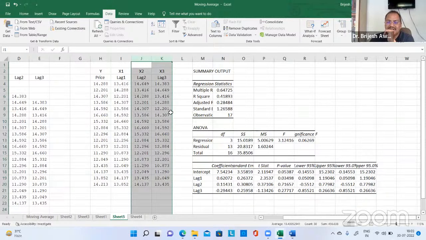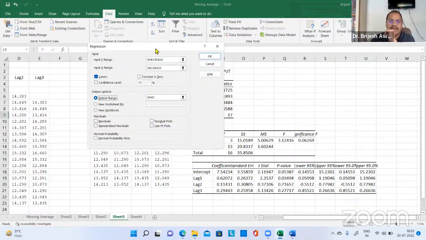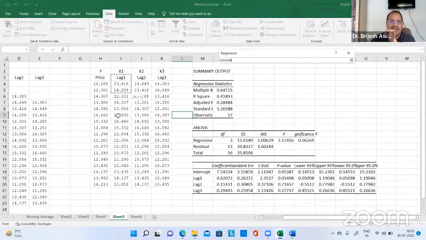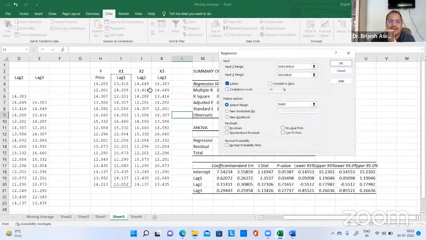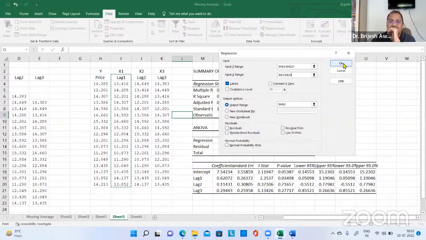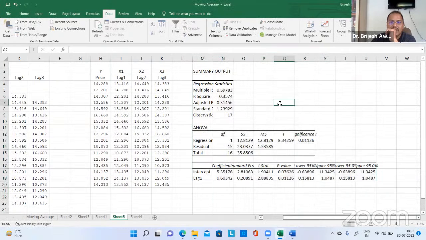So I'm going to calculate the regression again. In this case, I have to select only lag 1, because lag 2 and lag 3 are not significant. That is why I removed them, and just click OK and OK. Now you will see this is also not good.